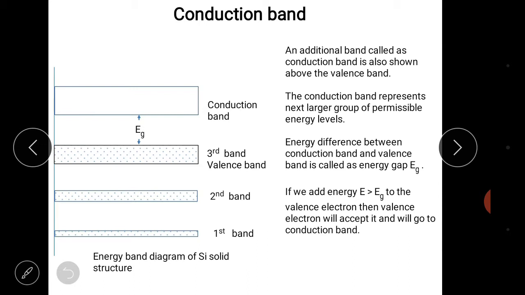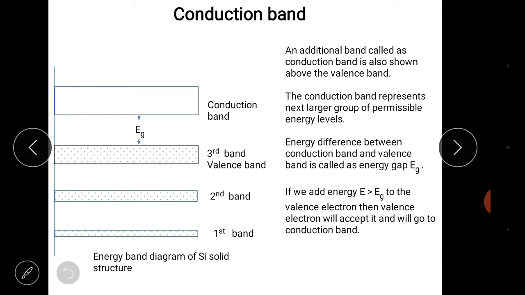If we add energy E which is greater than Eg to the valence electron, then the valence electron will accept it and will go to the conduction band. But if the supplied energy E is less than Eg, then the valence electron will not accept it and will not go to the conduction band.